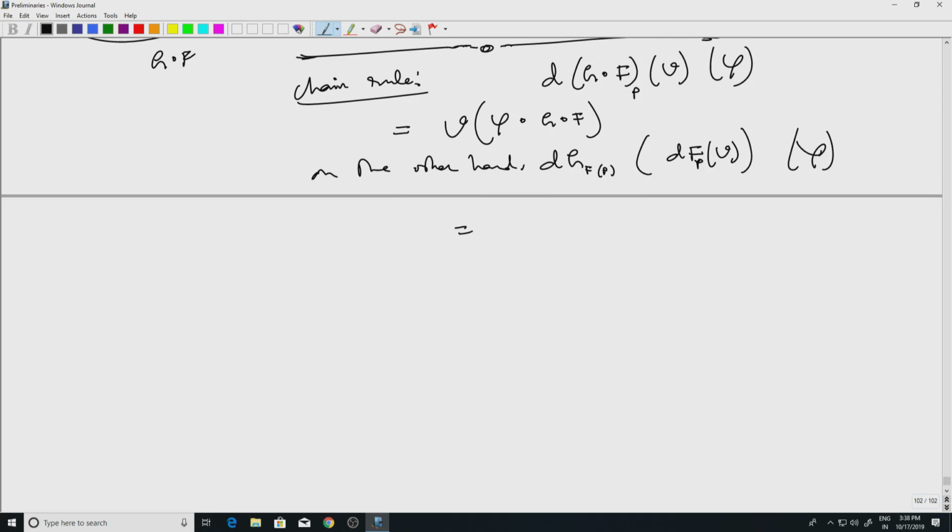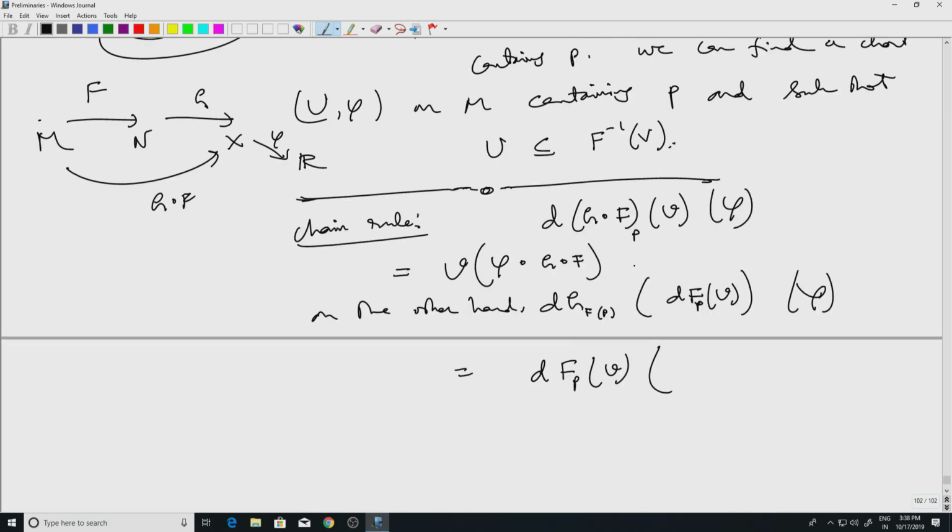This thing acting on this is df at p of v acting on phi composed with g. Well, phi composed with g is this map, and df at p of v is something here, a tangent vector here.